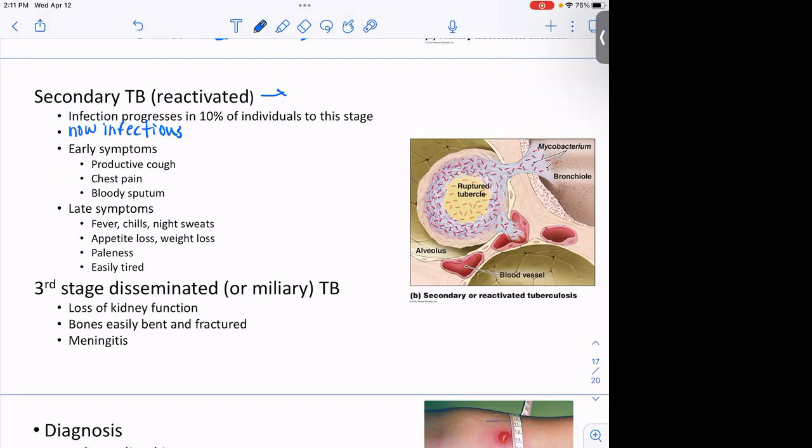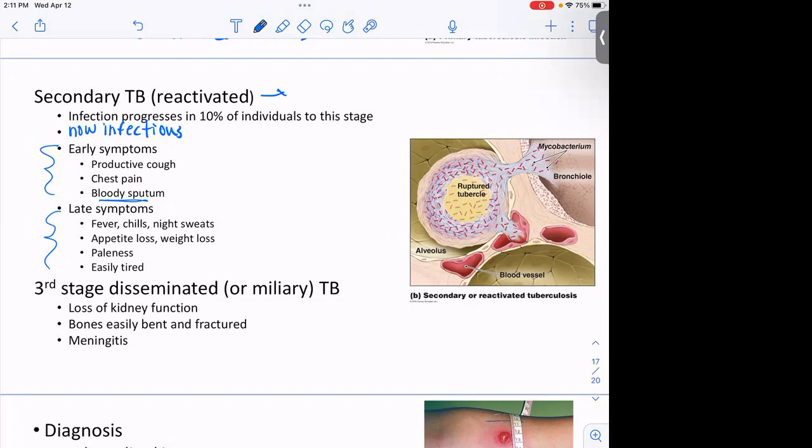And now they're starting to get some symptoms like a productive cough, not just productive in terms of mucus, but you can have a bloody sputum. They're having chest pain.